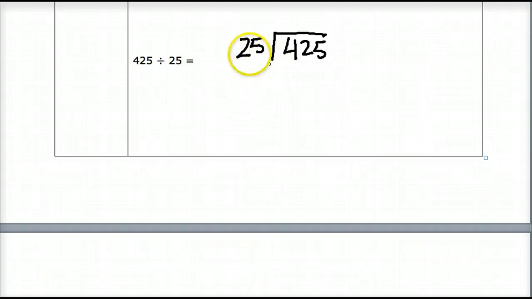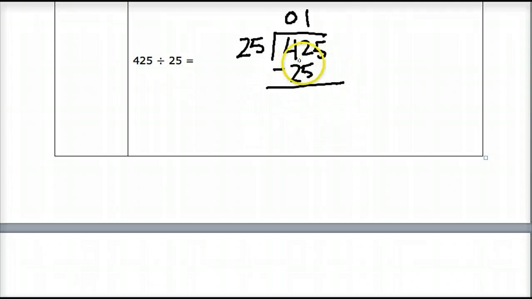So taking a look at that, we know that 25 will not go into 4. So we're going to put a 0 as a placeholder here. And 25 will go into 42. It goes in one time. So we're going to take away that 25. We can't take 5 away from 2, so we know that we have to borrow. And we have 7 left over. And 1 left over.